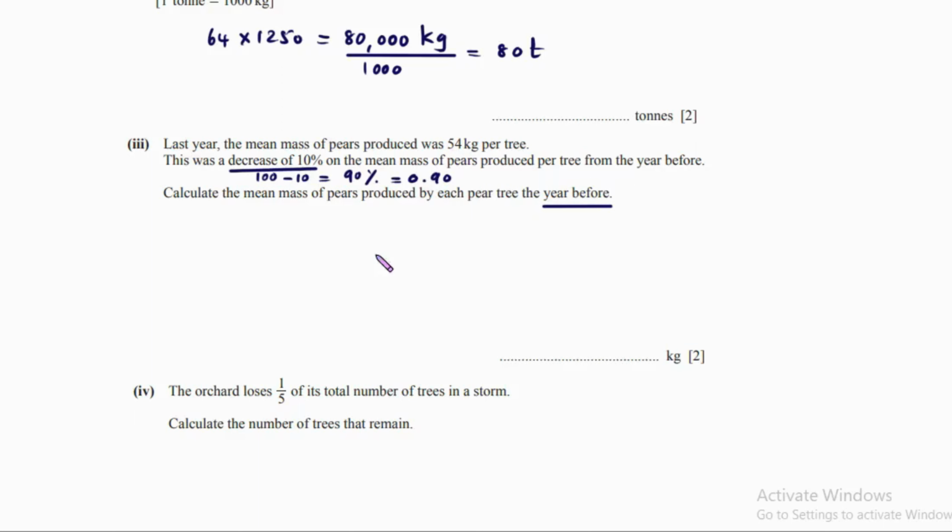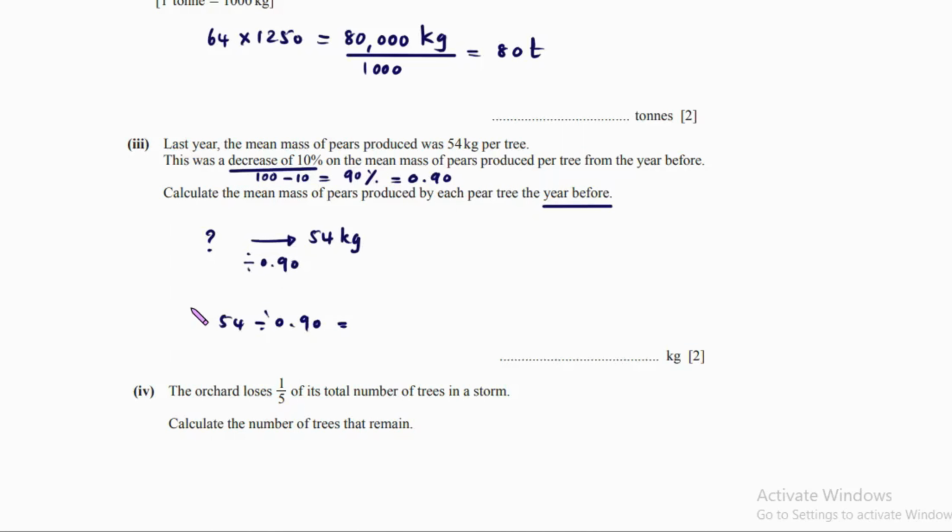Now, in this case, the final mass is known to us, which is 54 kilograms per tree. But we are asked to find what is the mean mass before. That means the starting amount is what I'm supposed to find. In that case, I need to divide this final amount by this multiplier, which is 0.90, which means I'm going to divide this 54 by 0.90.